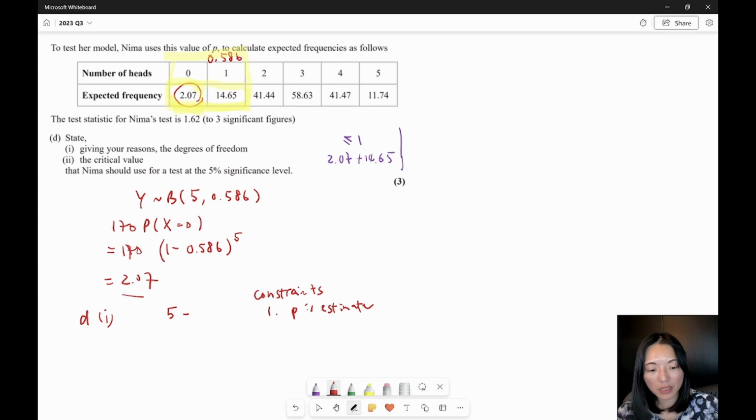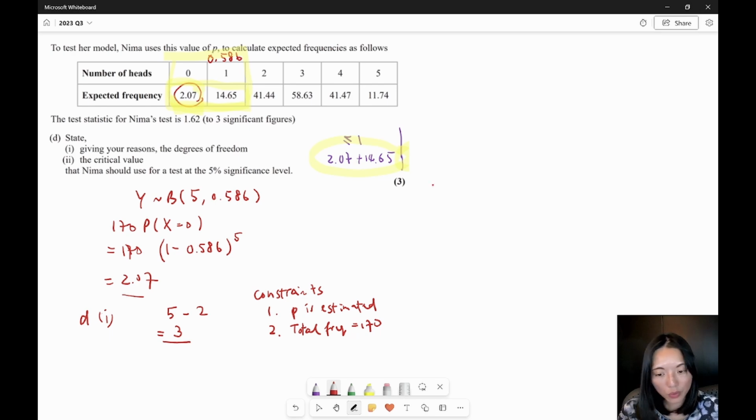How is p estimated? p is estimated using the observed data from our previous part of this question. The other constraint we have is the total frequency being 170. Therefore, there are two constraints. Therefore, the degrees of freedom is 3 because there are two constraints. Okay.